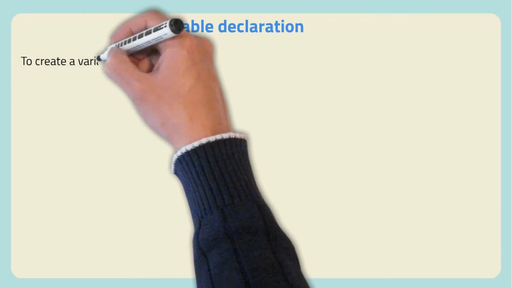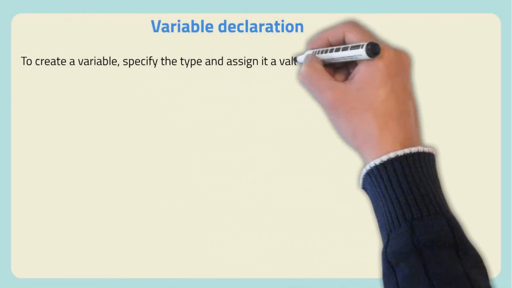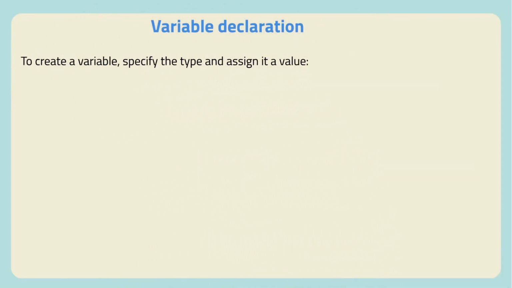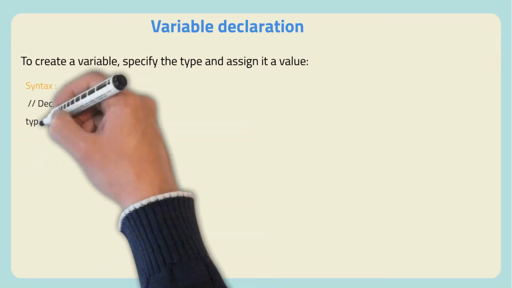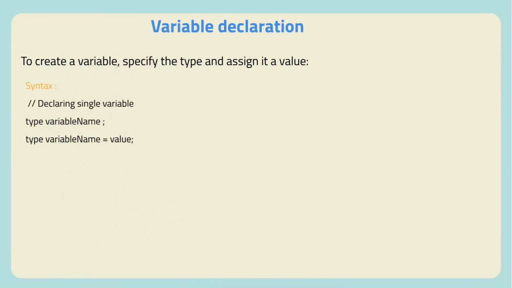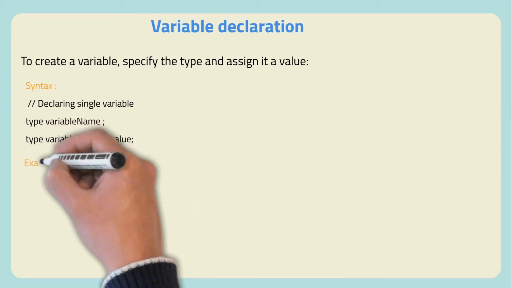To declare a variable, we specify the data type of the variable followed by its name, and then assign a value to it. We can declare one variable or multiple variables at a time. For a single variable, we can just define the data type and name of the variable and assign the value while declaring or later in the program.